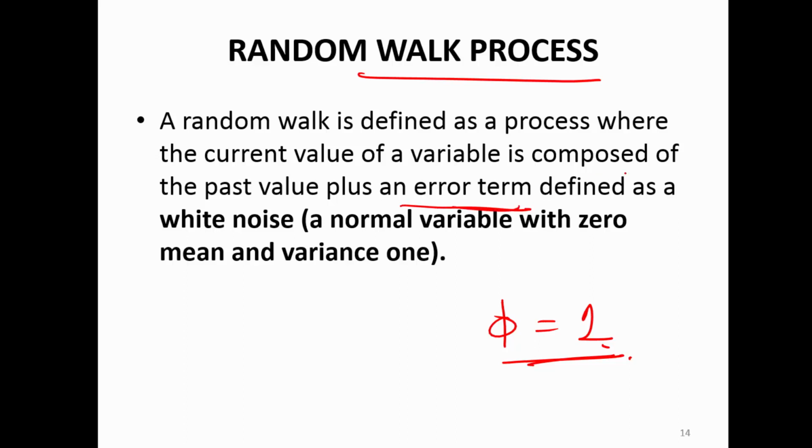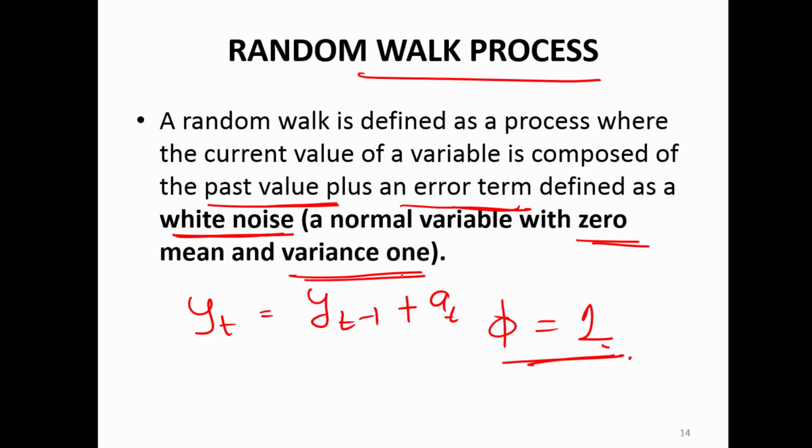Okay. So there are two important things in a random walk series. You have the past value term and the error term, nothing more than that. So yt is the current value, it's just the past value plus an error term at. This is typically also known as white noise, where you have zero mean and variance of 1.